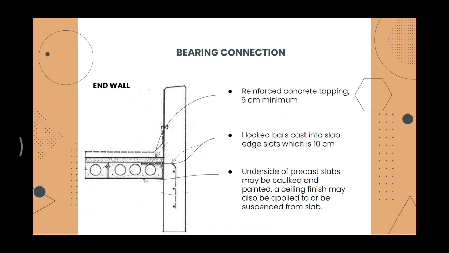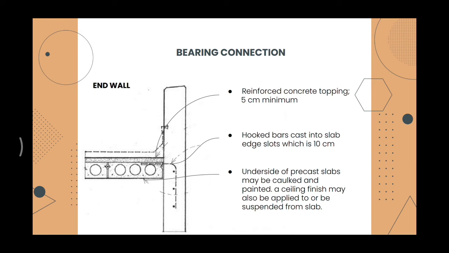At the top is the reinforced concrete topping with a 5 cm minimum thickness. Below it are hooked bars cast into slab edge slots, which are 10 cm. At the bottom, the underside of precast slabs may be caulked and painted.